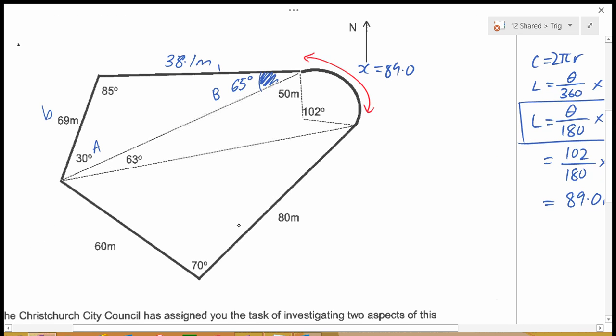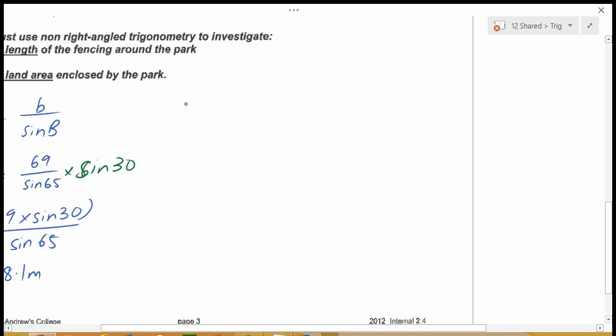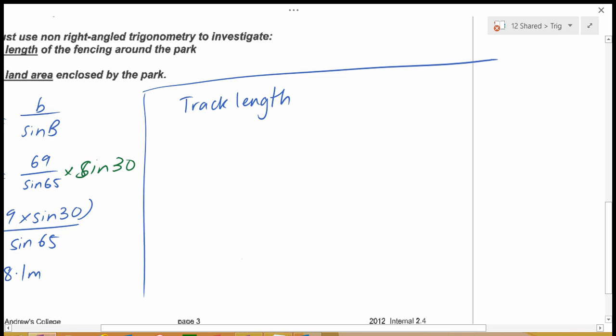Now we have all of the measurements for the length, so we can put those together. So track length is going to be all of the sides added together: 69 plus 38.1, which we just worked out, plus 89.0, which we also just worked out, plus 80 plus 60, and that comes to 407.3 metres.